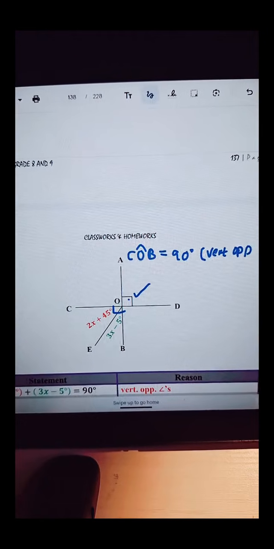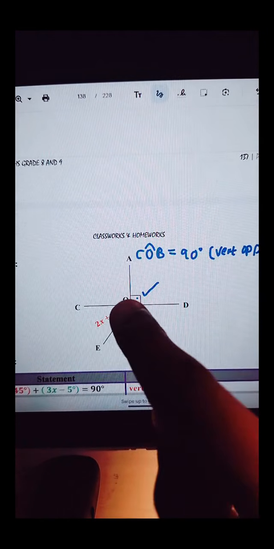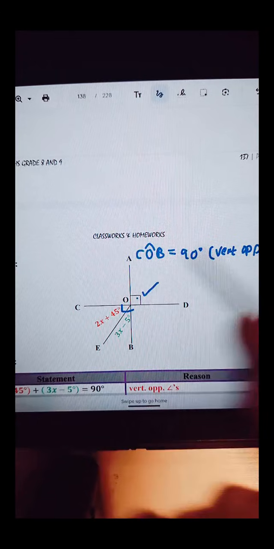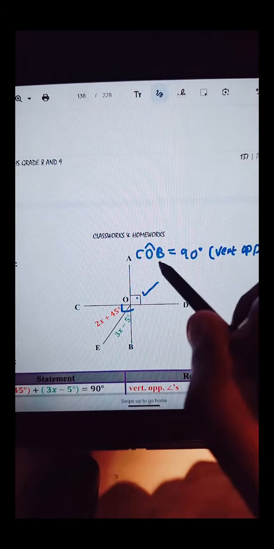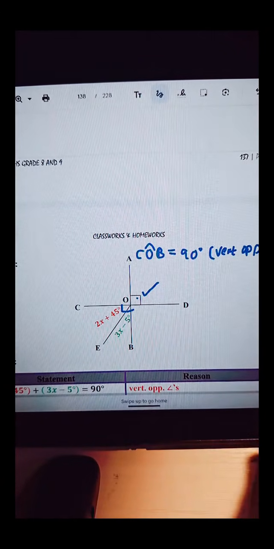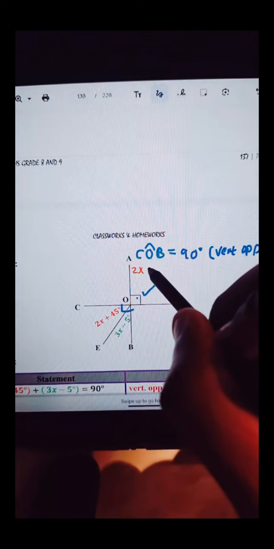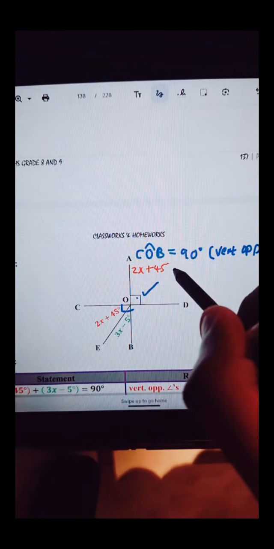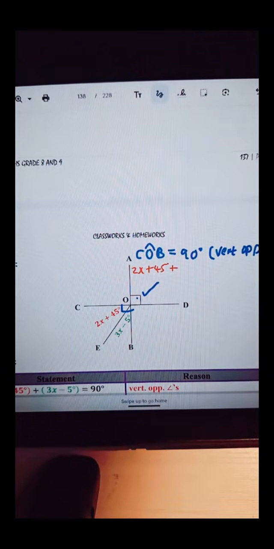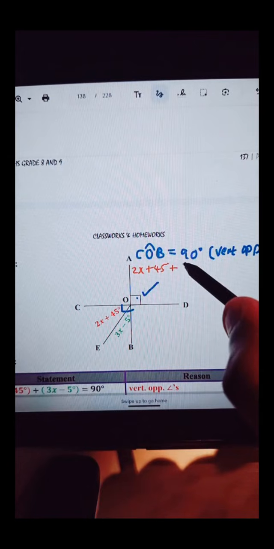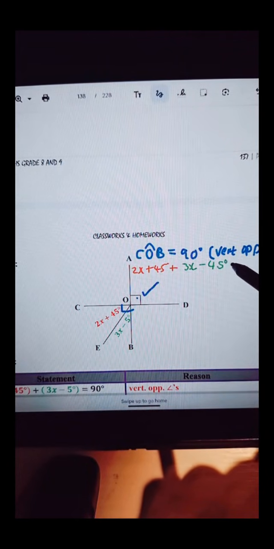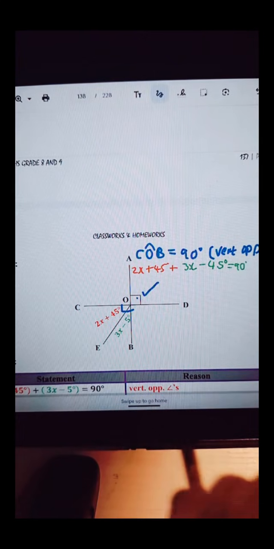Then we come down to this space. We can go ahead now and say 2x plus 45 degrees plus 3x minus 45 degrees is equal to 90.